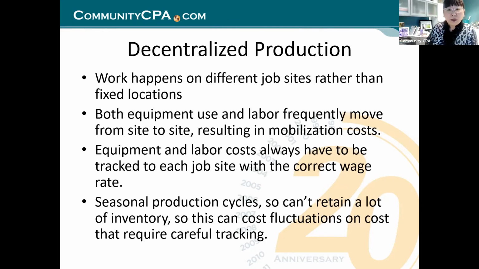But normally when you did taxes with us, let's say you did taxes with Community CPA, we have already considered that in your expenses. So if you have that kind of activity, your accounting must be already set up that way. Then we know how that mobility would cost you. So that would become another factor to come to the calculation.